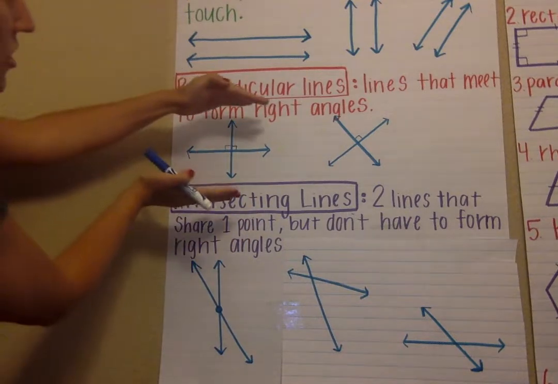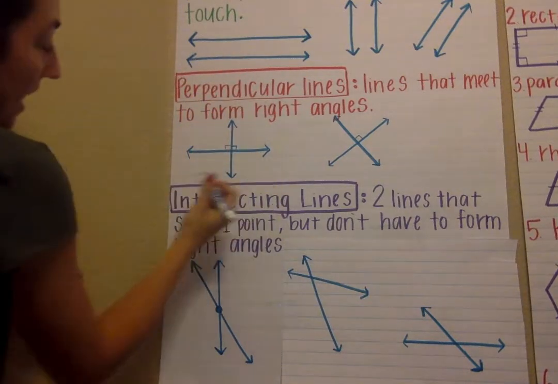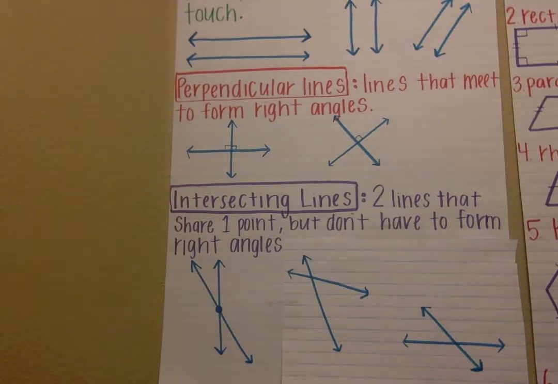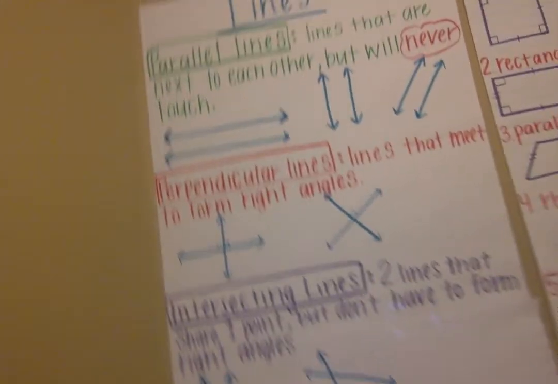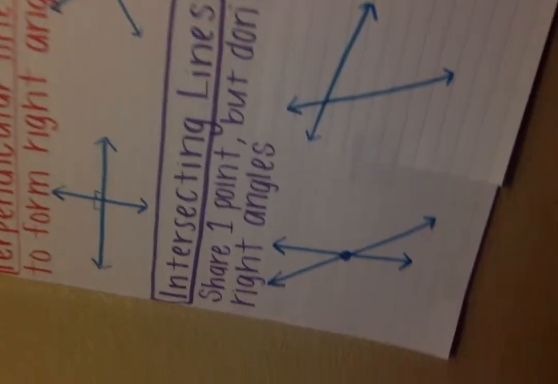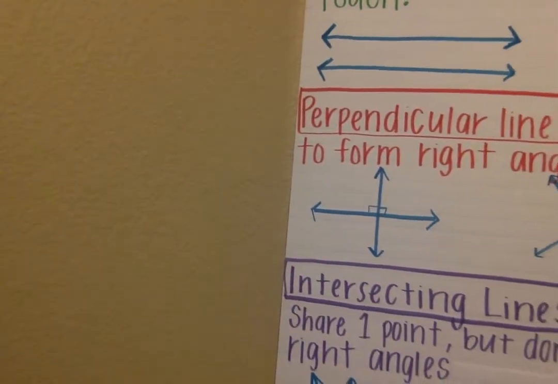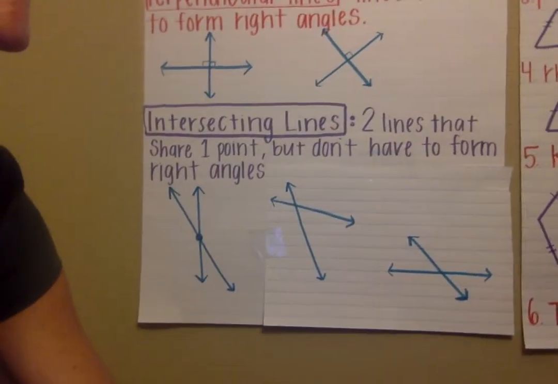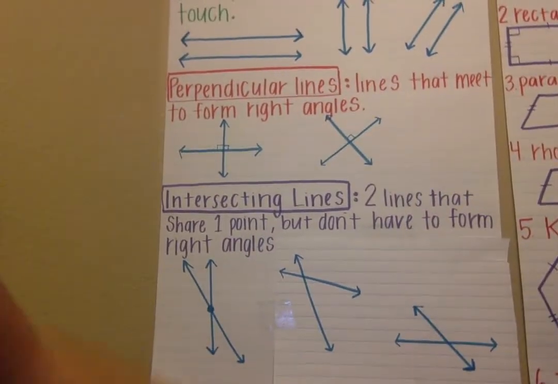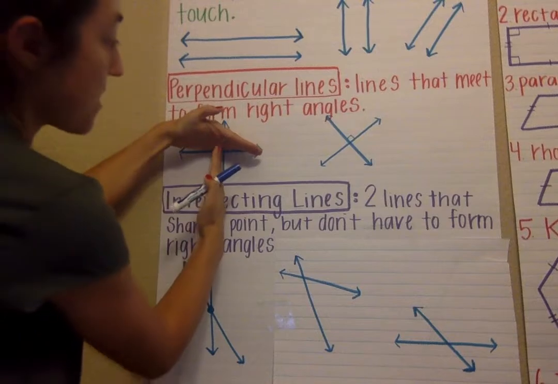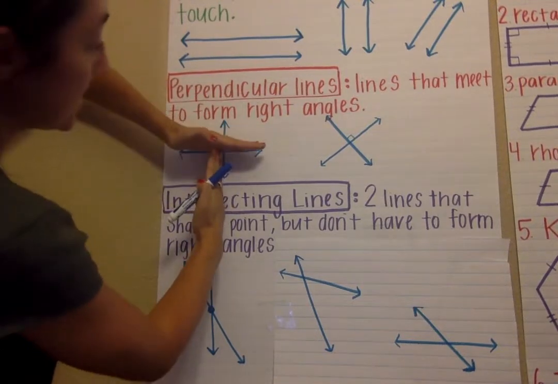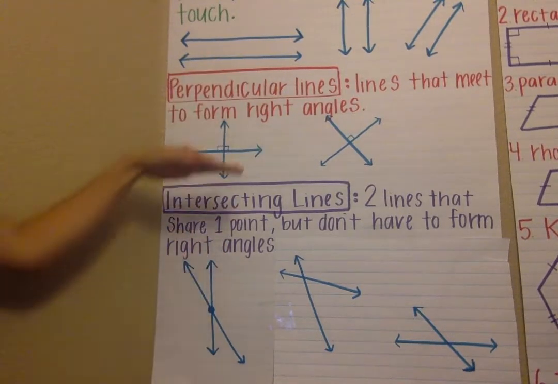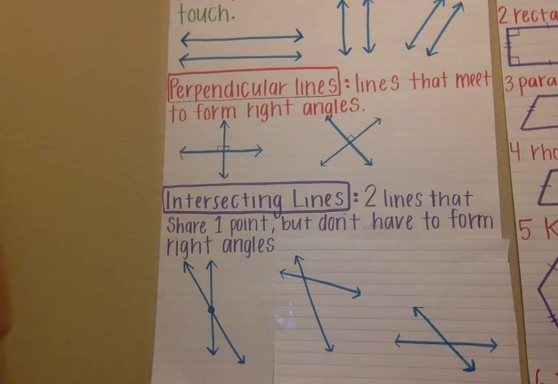So even if you turned your lines this way, again, I could turn the camera as well, probably make you dizzy, but no matter which way we go, it's still going to look like that. Another way to think about it is that it makes like a T. So they meet perfectly to form this perfect T, or an upside down one as well.